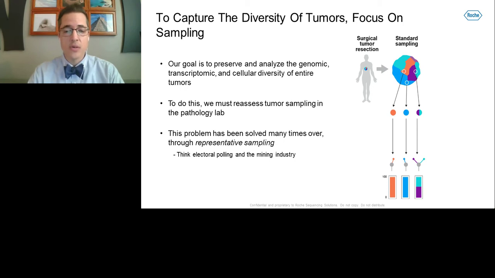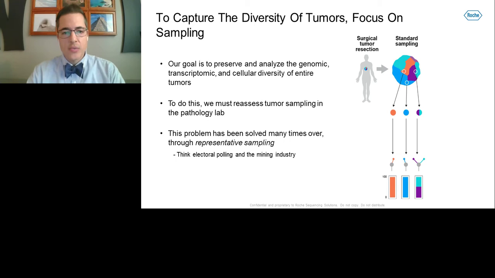You can see this on the cartoon on the right. This shows 3 different biopsies taken from a tumor that has some variable areas of heterogeneity. And as you can see, each of those samples delivers different data sets, both on the genomic and then in a more general biomarker sense.